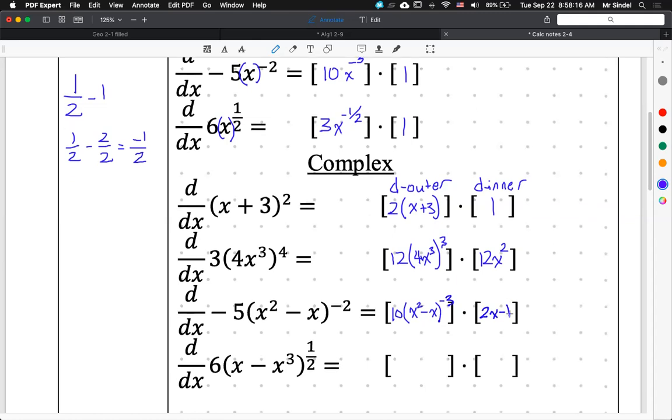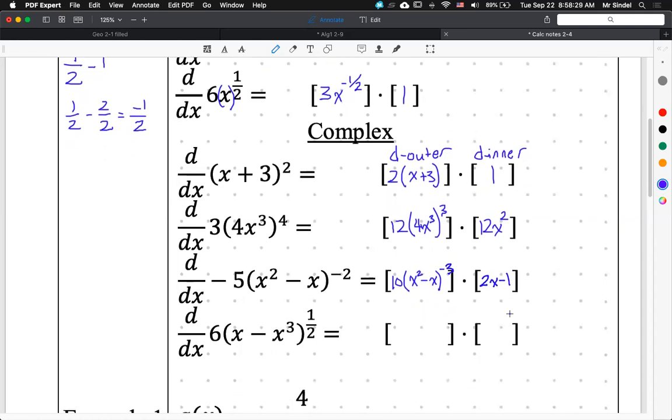All right, and then our final problem. I'm going to maybe switch things up. Let's give Chris the doubter, and then we're going to give Teflon the dinner. So Chris, what's the doubter? It'd be 3 parentheses x minus x cubed.